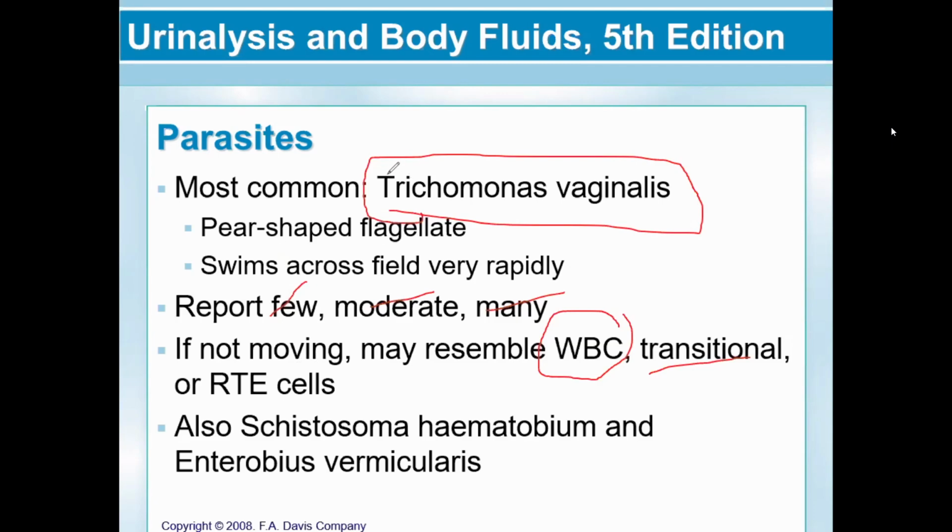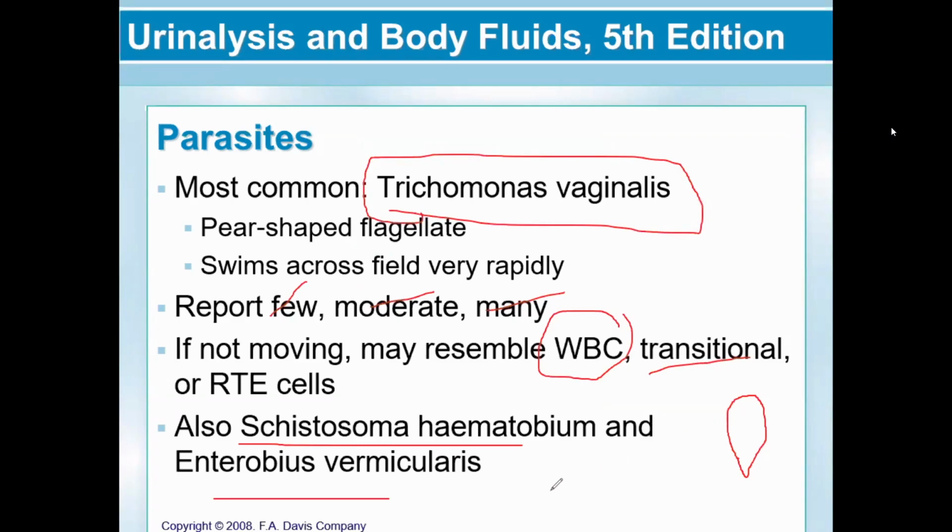Other parasites, other than your Trichomonas vaginalis, we have your Schistosoma hematobium ova, or yung Enterobius vermicularis. Napag-aralan niyo yan sa parasitology ninyo, di ba? For Schistosoma hematobium, meron tayo nung parang terminal spine niya na ganun. Makikita niyo siya sa urine.